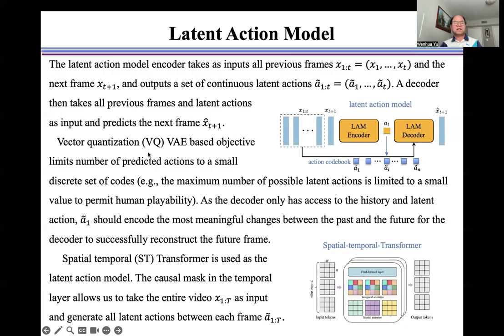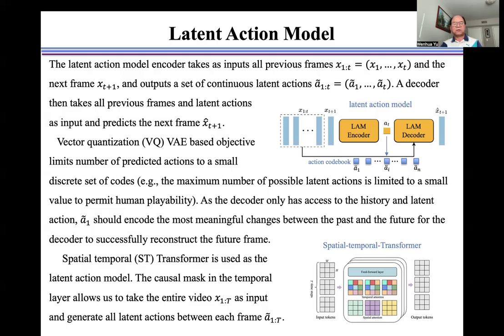A vector quantization variational autoencoder-based objective limits the number of predicted actions to a small discrete set of codes. As the decoder only has access to the history and latent actions, a1 tilde should encode the most meaningful changes between the past and the future for the decoder to successfully reconstruct the future frame.